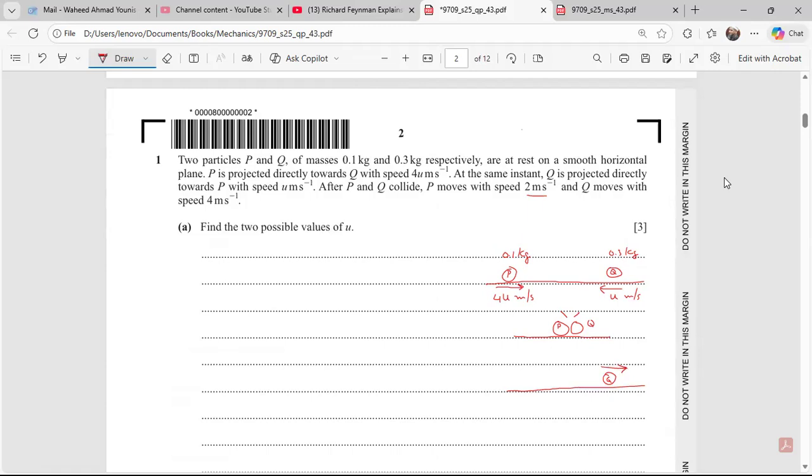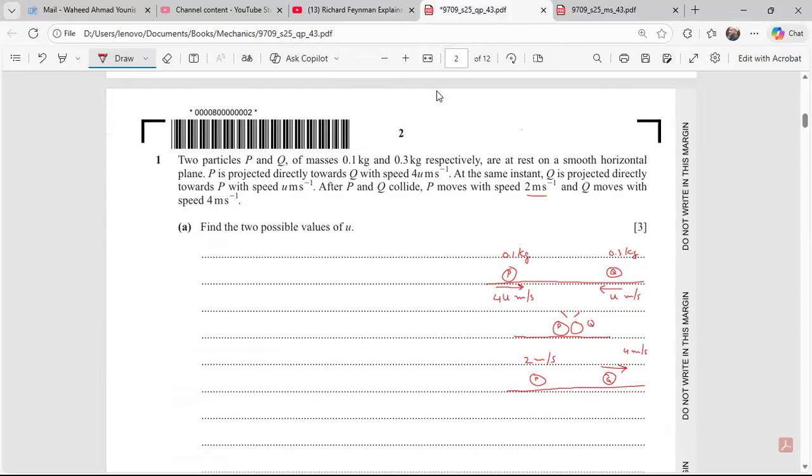The speed of Q is 4 meters per second. P could be moving in this direction or in this direction, so we do not know the direction, but the speed of P is given as 2 meters per second. Find the two possible values of u.